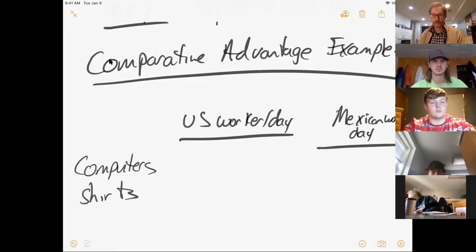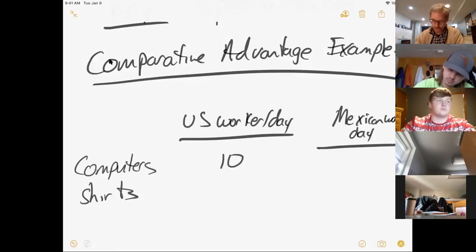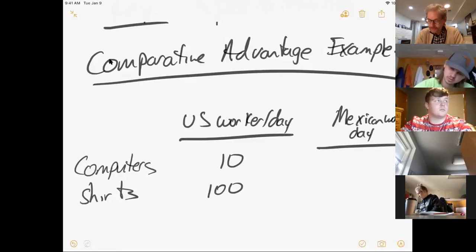So we have two countries, two goods. Now let's say that the average US worker could make in a day 10 computers, or they can make 100 shirts. The average Mexican worker could make 4 computers or 50 shirts.